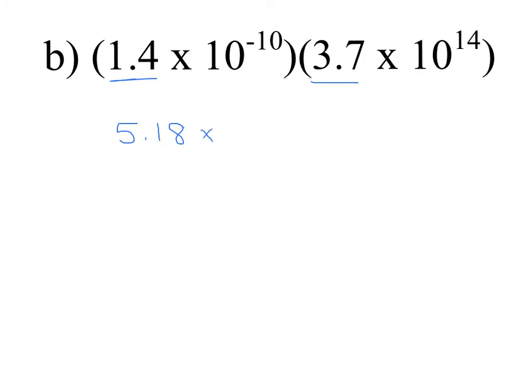All right, times 10 to the, again, I'm adding, so I'm going to end up to the 4th power here. Okay, so now when I write this out into standard form, I've got the 518, and I'm going to move that decimal 4 spots to the right, so it's going to tack on 2 more zeros. So I've got 51,800 there, and those will be my two answers.